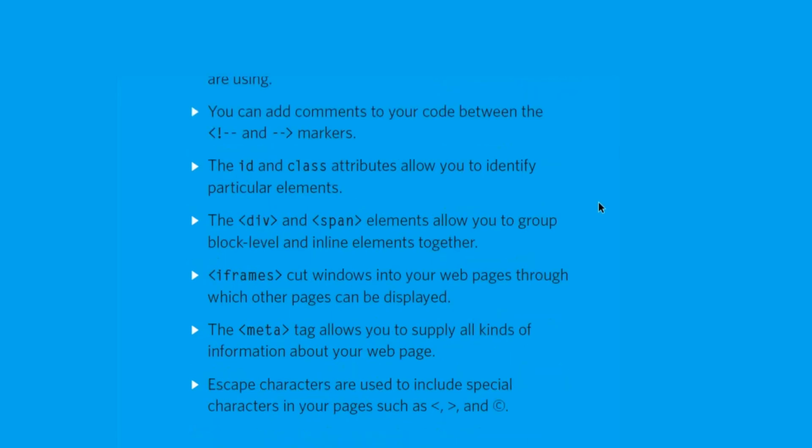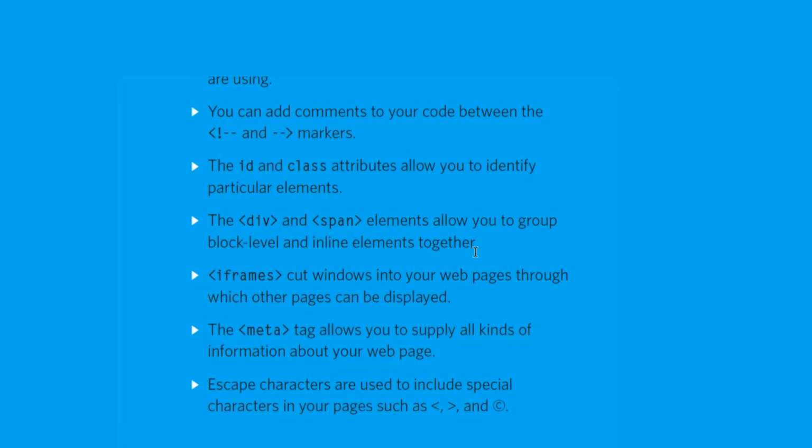The meta tag allows you to supply all kinds of information about your page, right? It might be the character set, the viewport, the scale of the window, all of which is used along with the meta tag.